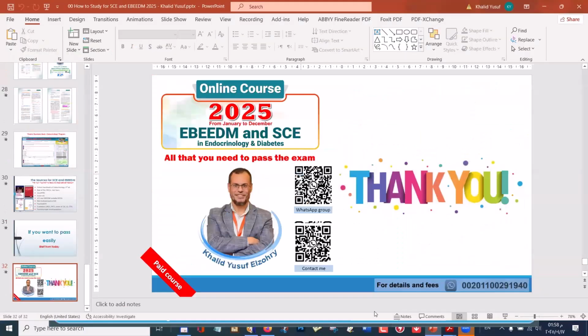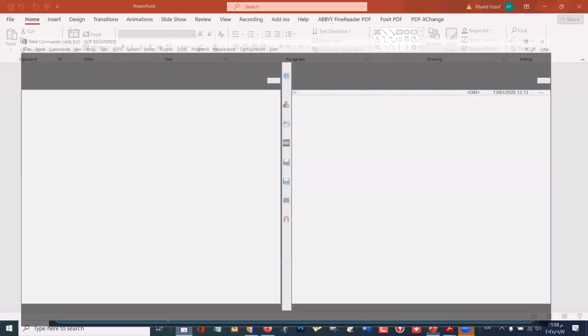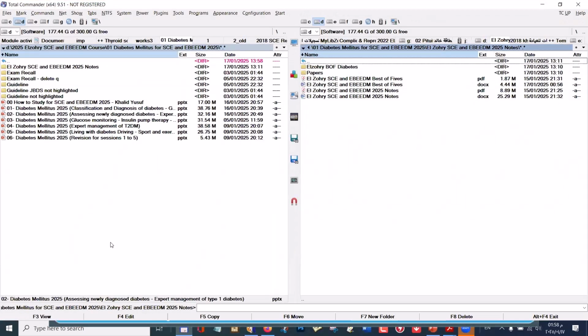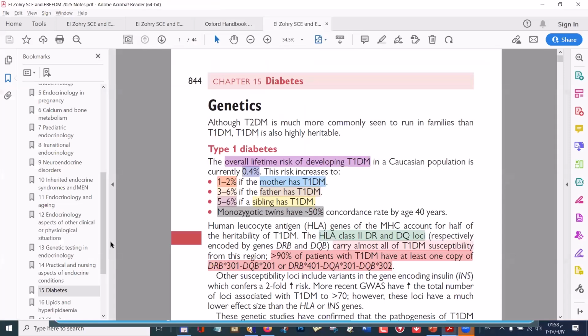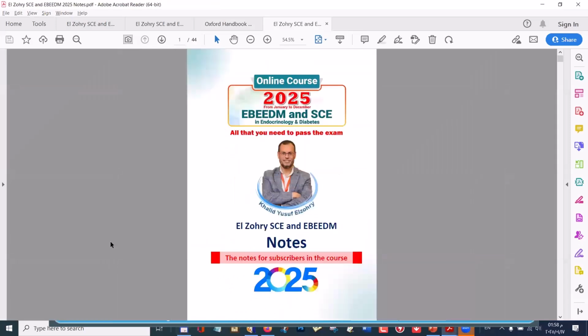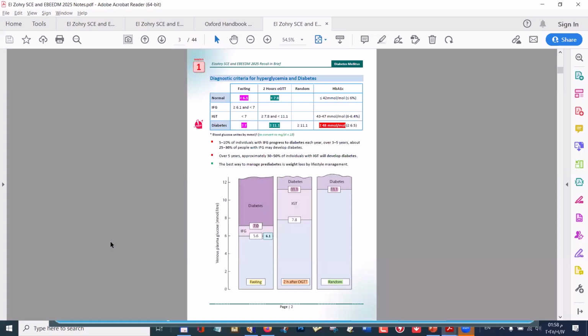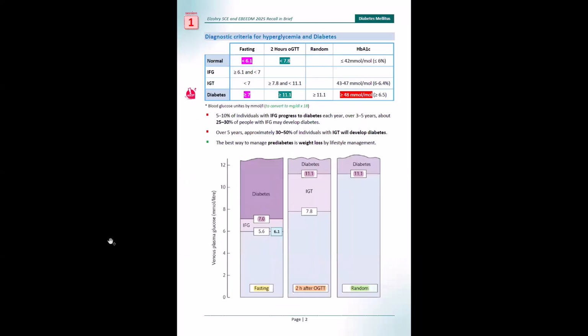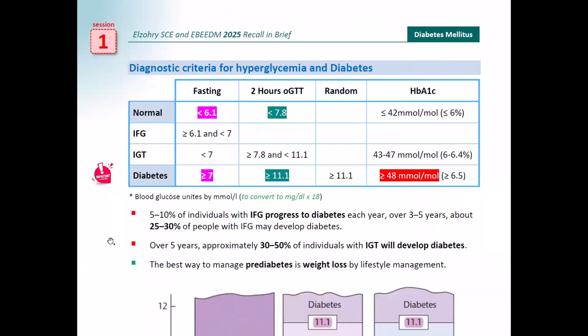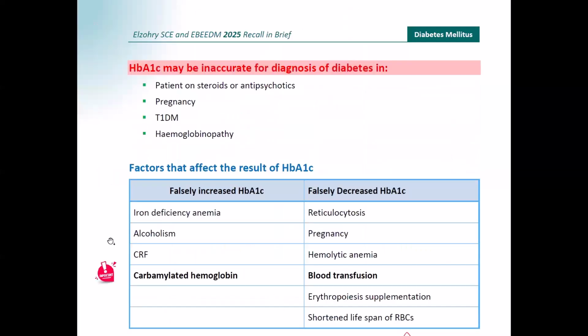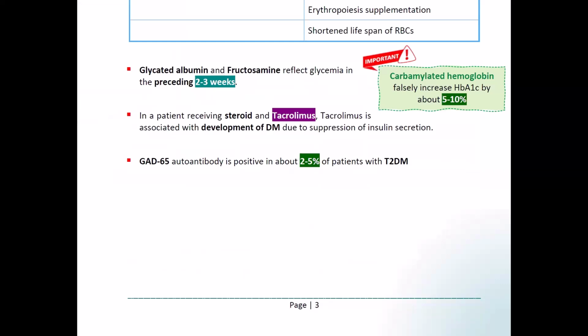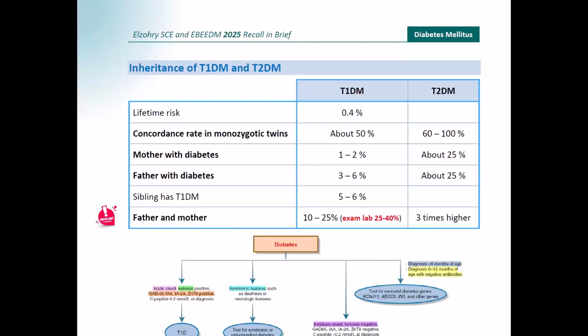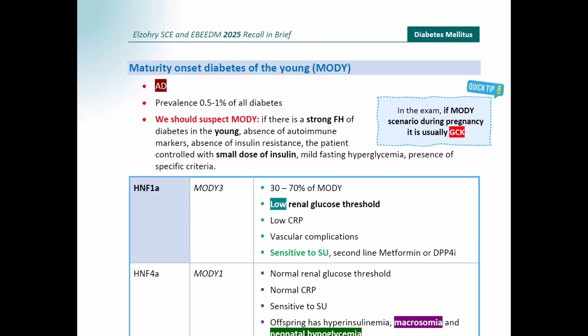Okay, you are welcome. Actually, I will give a hint about my notes. This is my notes for diabetes mellitus, this is one part. This is my collection of written notes, and every day I update it and give hints about it, which is very, very important, because each point from these notes is a previous question.